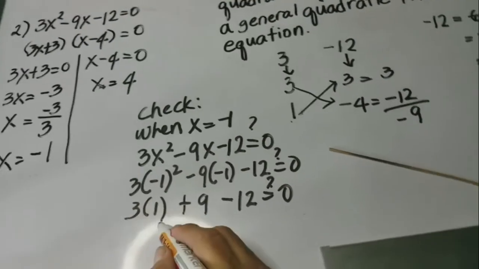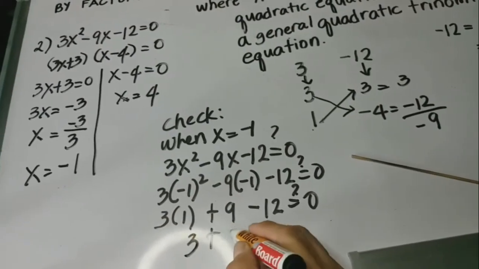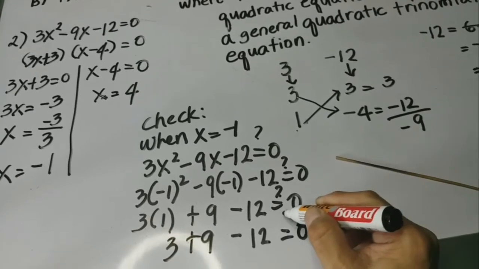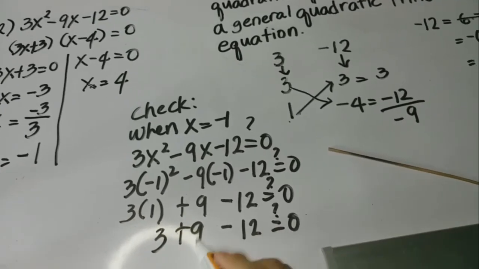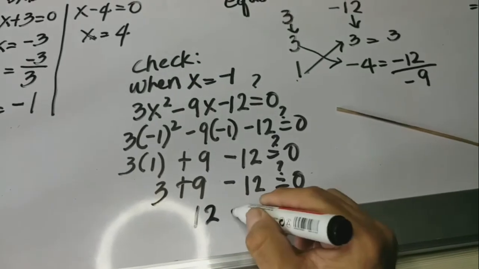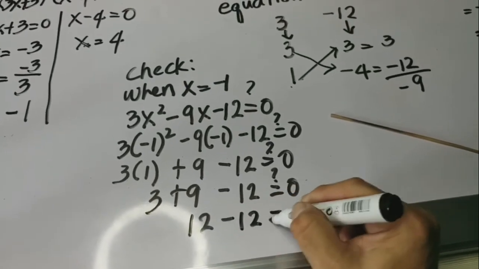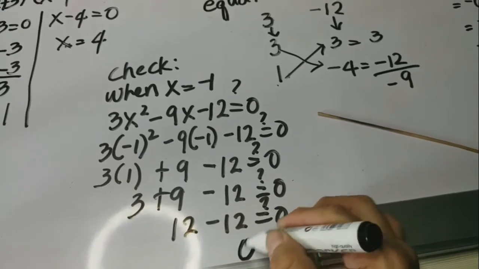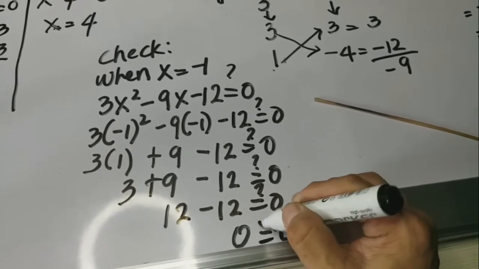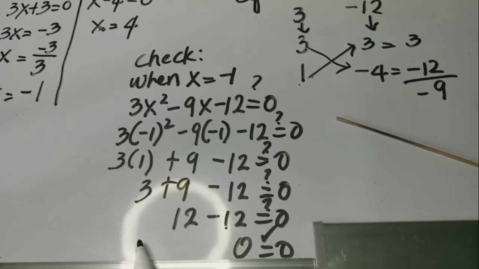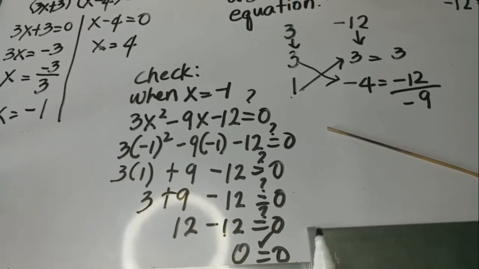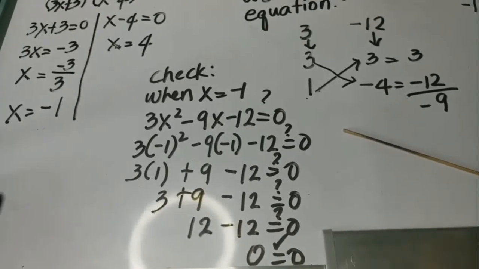Then 3 times 1 is 3 plus 9 minus 12 equals 0. 3 plus 9 is 12, minus 12 equals 0. 12 minus 12 is 0 equals 0, and that is correct. So the value at the left side equals the value at the right side, and that is correct.